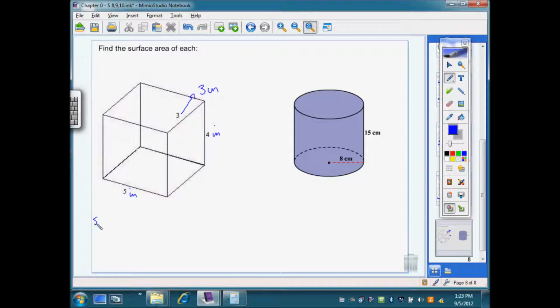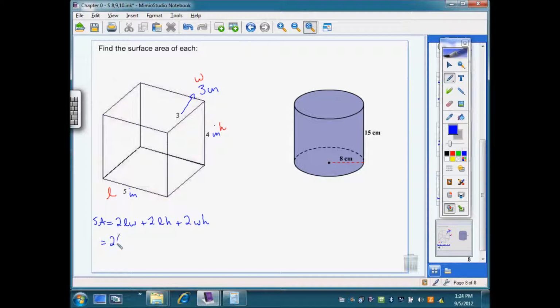Okay, so my surface area is 2 times the length times the width plus 2 times the length times the height plus 2 times the width times the height. Now it does not matter which of these is length, width, and height, but you want to label them so that you don't use any number more than twice. You want to make sure you only use each number twice and that you put them together in the right places.